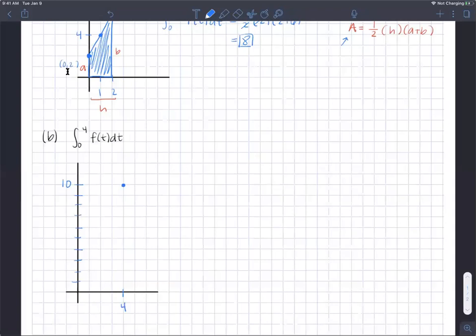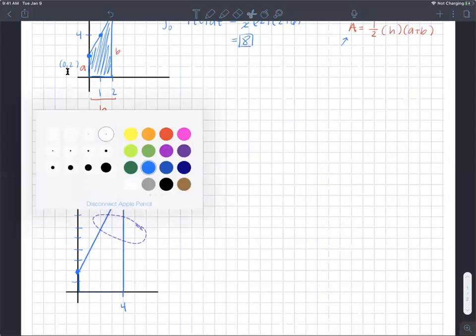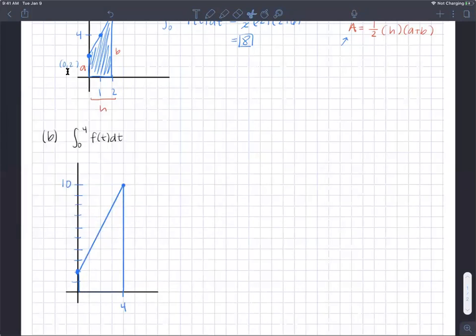So now it looks like this. And so this time, I can't do a straight line, and I feel like these are not thick enough. But this time you're trying to find this area.